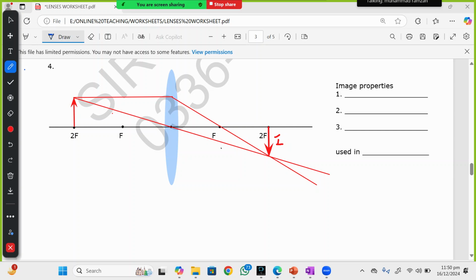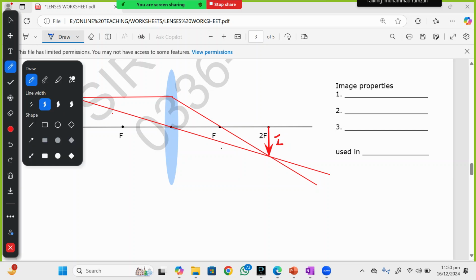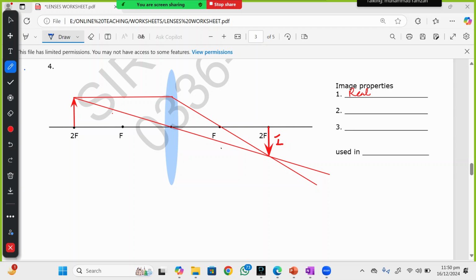So this is the image. The image properties are: the image is real. Whenever the image is real, it would always be inverted, and this is the same size as the object, so the image has the same size, and it is used in photocopy machines.